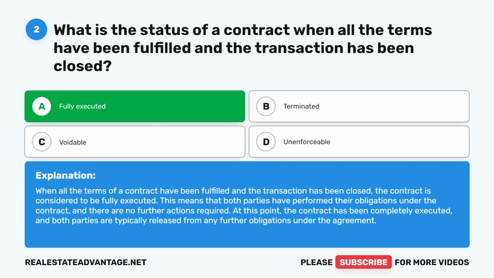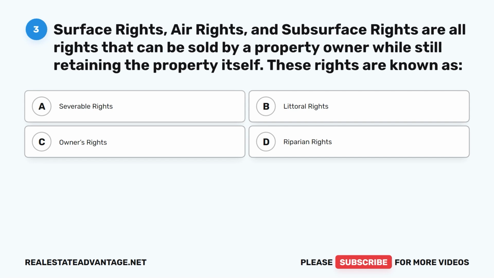This means that both parties have performed their obligations under the contract and there are no further actions required. At this point, the contract has been completely executed and both parties are typically released from any further obligations under the agreement.